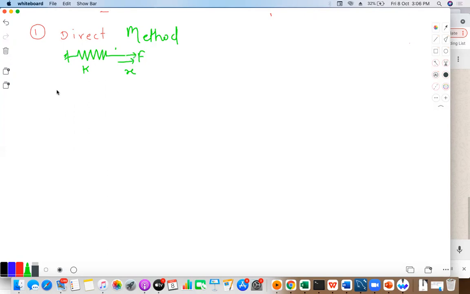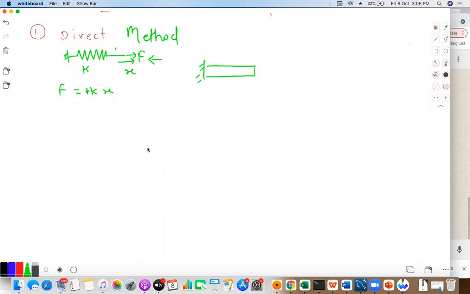Now in that case, I can write F is equal to kx. Minus kx actually, because the internal force would be minus kx, and this external force will be plus kx.